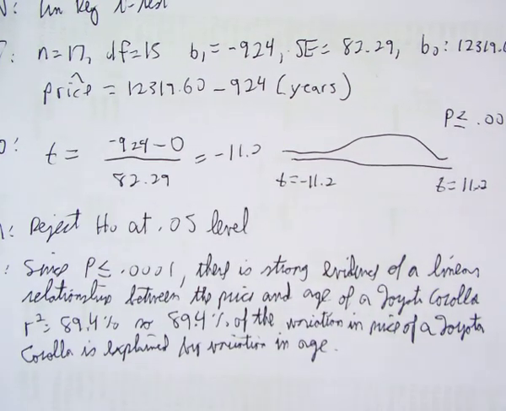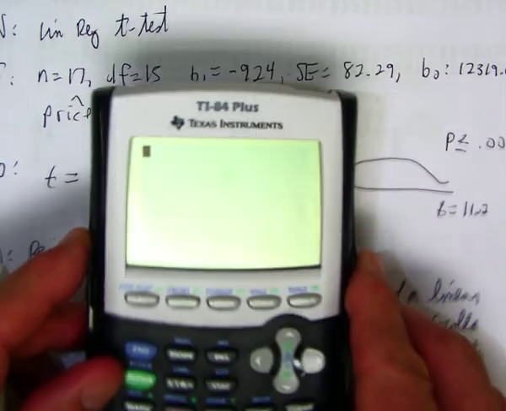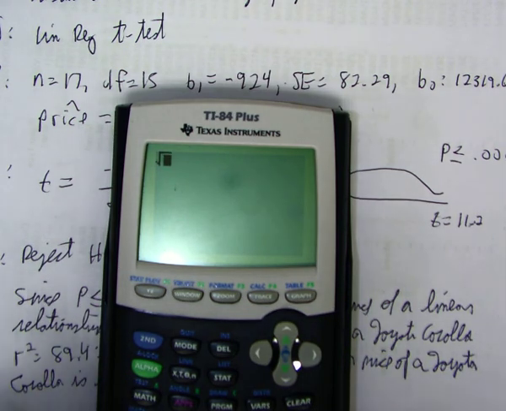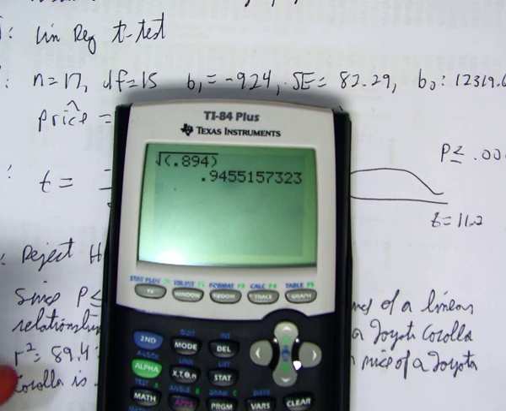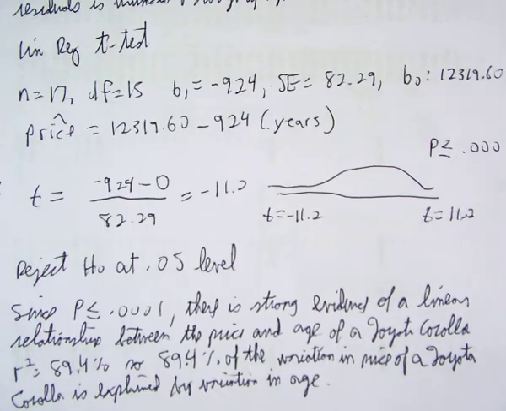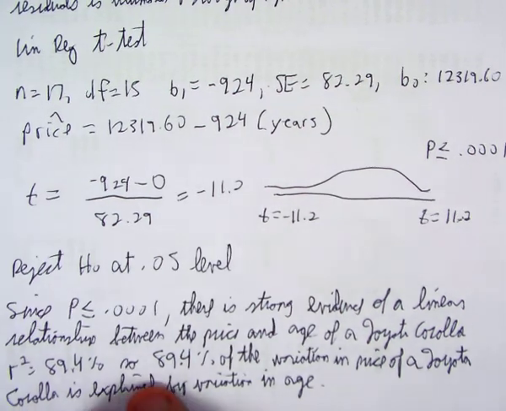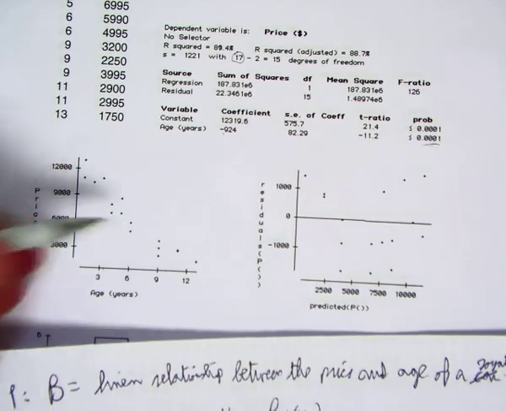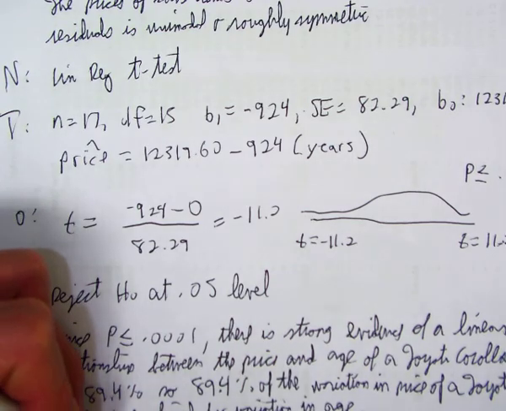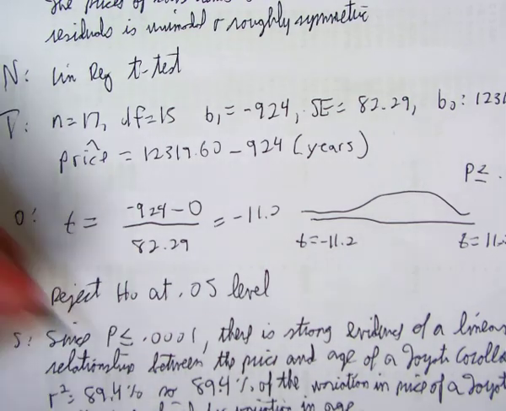Alright, and then the second thing I'm going to do is find out what R is, so I'm going to take the square root of 0.894. And I'm going to get our correlation is like 0.95. Now remember your scatter plot's negative, it's right there, so R is negative 0.95.